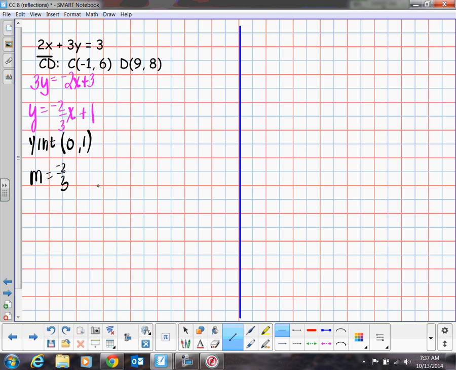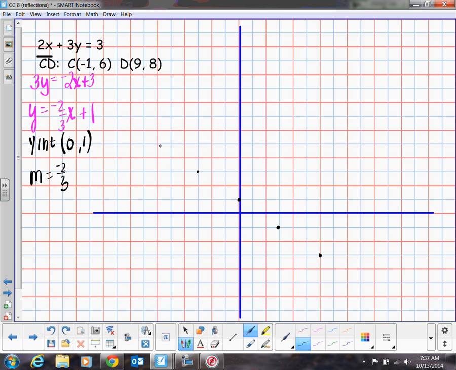So there's the x-axis. Here is the y-axis. I want to make sure I have enough room. All right. So we're going to start at 0, 1. And from here, we rise 2, go to the left 3. Or we can go down 2 to the right 3. You've got to be able to work with them both ways.